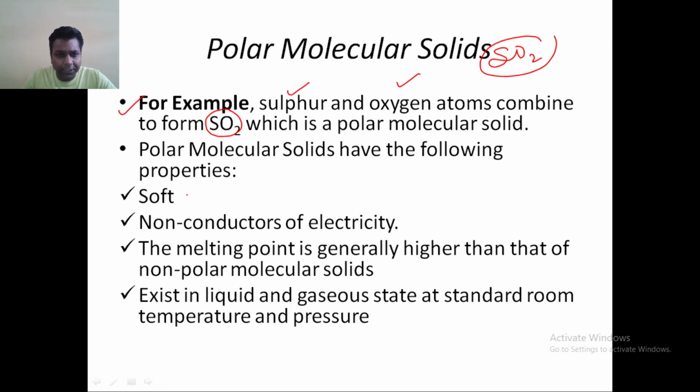The properties are: soft in nature, they do not conduct electricity, melting point is low but higher than that of the non-polar, and they exist in liquid and gaseous state at standard room temperature and pressure. So this point is similar to non-polar, and I think this point is also similar, non-conduction of electricity. This point is different, and this is also similar.